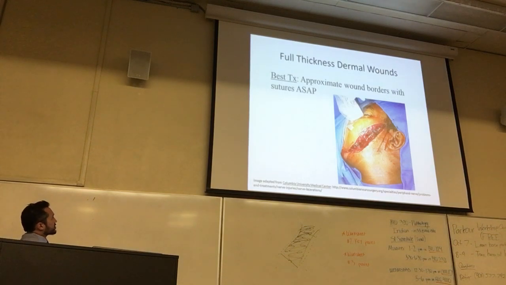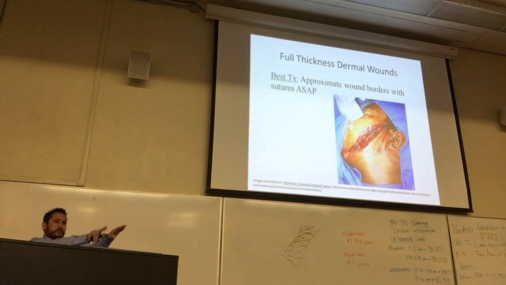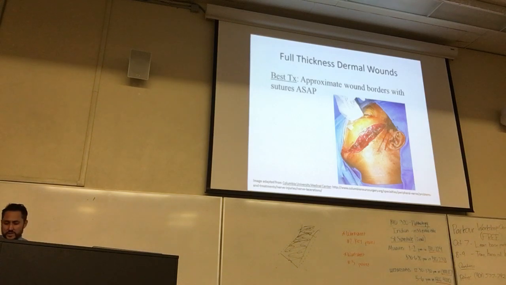Right? And the best ability for us to treat this is to approximate this. And we might come in first to debride the wound, clean it out, and then we might freshly cut the edge so that when we bring this together, we get really nice approximation. And that's really the best situation that we can have.